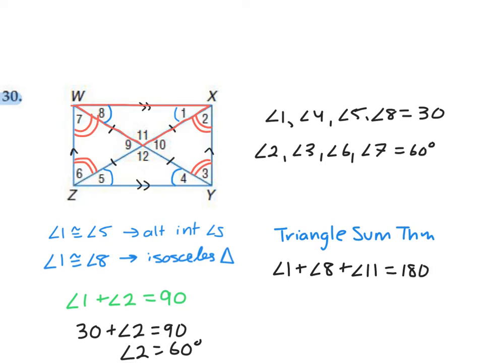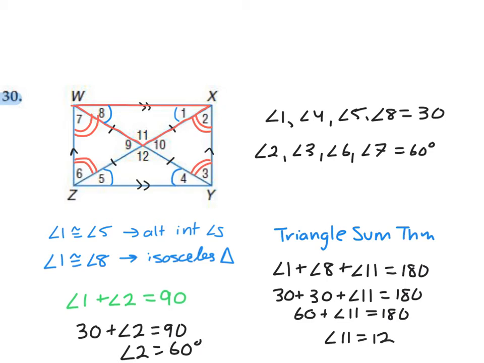We know that angle 1 and angle 8 are both 30. So if we combine like terms, we can solve for angle 11, and it should equal 120. Now angle 11 and angle 12 should be congruent because they are vertical angles. So we'll give it 3 arcs.